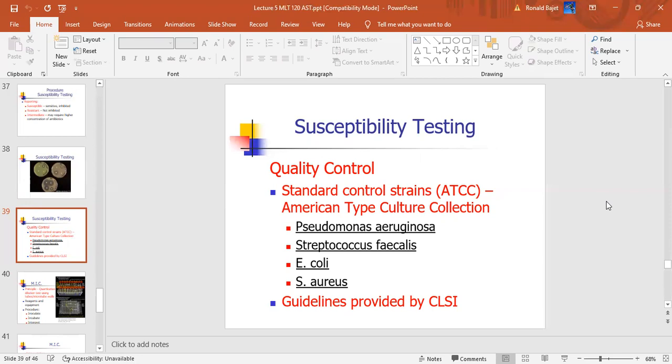That will be on the test. What are the 4 ATCC organisms? Pseudomonas aeruginosa, Strep faecalis, or Group D Enterococcus, E. coli, and Staph aureus. These guidelines are provided by CLSI. Again, CLSI is what's defining this procedure.